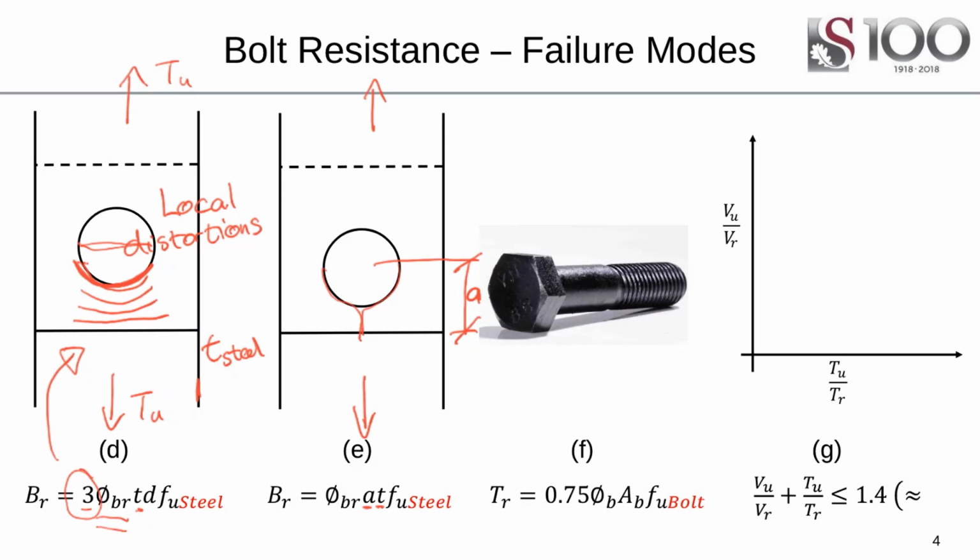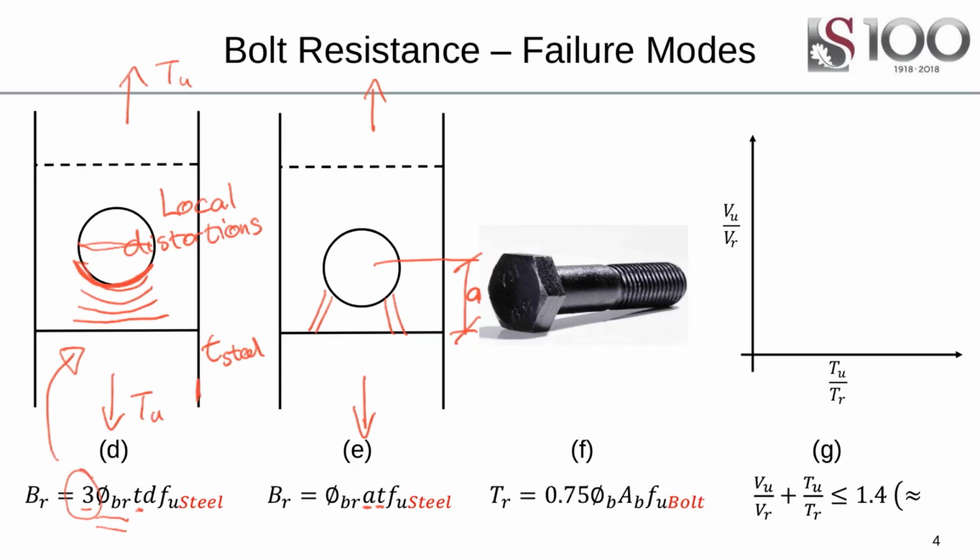What ultimately happens here is you almost get some sort of pull-out failure, where it fails something like that, and this basically just tears out of the section. So this accounts for that, and once again, this is the steel capacity, distance times thickness, so you can see where the different components of that come from.